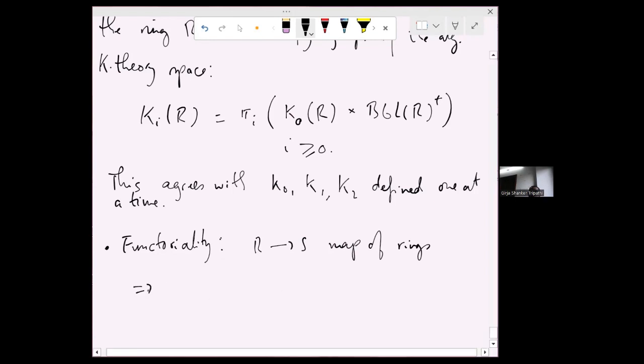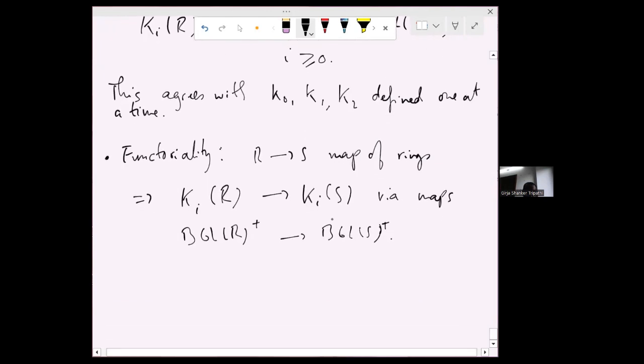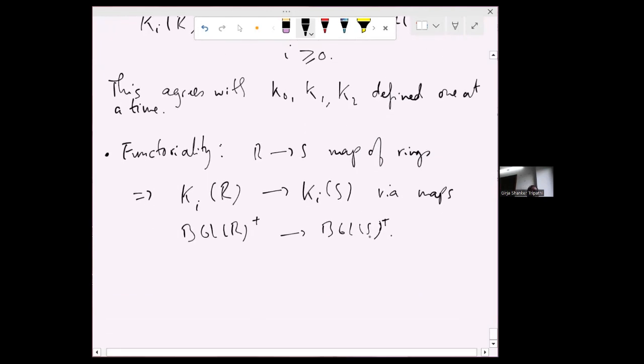So this induces maps K_i R to K_i S via maps of spaces, and compositions are fine: if we have R to S to T, then compositions would be okay.